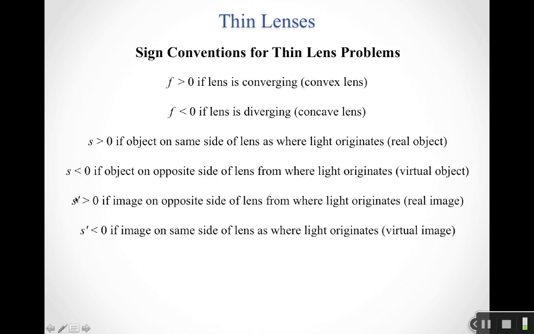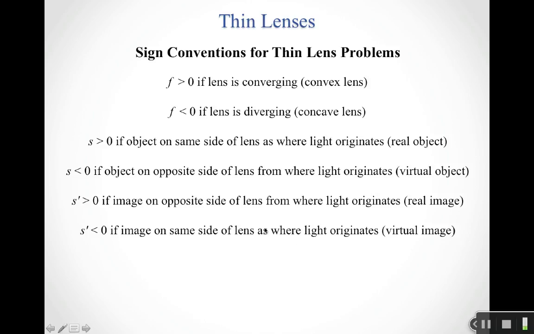My image distance is positive if the image is on the opposite side of the lens from where the light originates. So again, my image distance will be positive if the image ends up where the light goes through the lens, on that side of the lens. My image distance is negative if the image ends up on the same side as where the light originates.